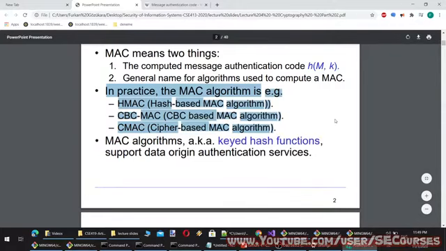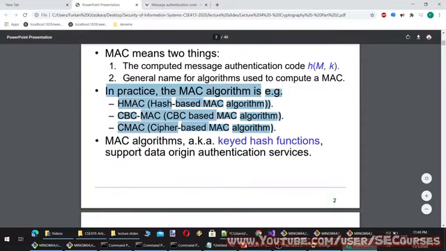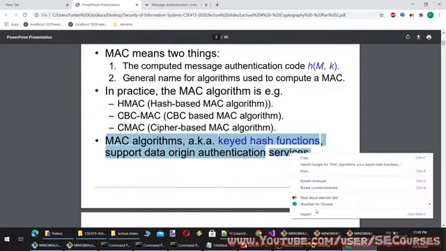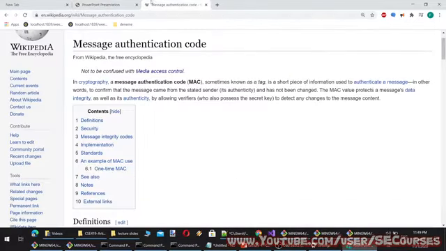In practice, the MAC algorithm is, e.g., HMAC, hash-based MAC algorithm, CBC-MAC, CBC-based MAC algorithm, and CMAC, cipher-based MAC algorithm. MAC algorithms, aka keyed hash functions, support data origin authentication services.